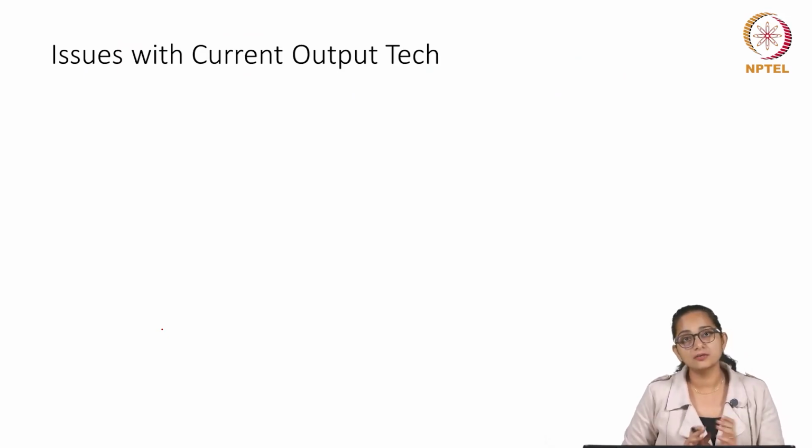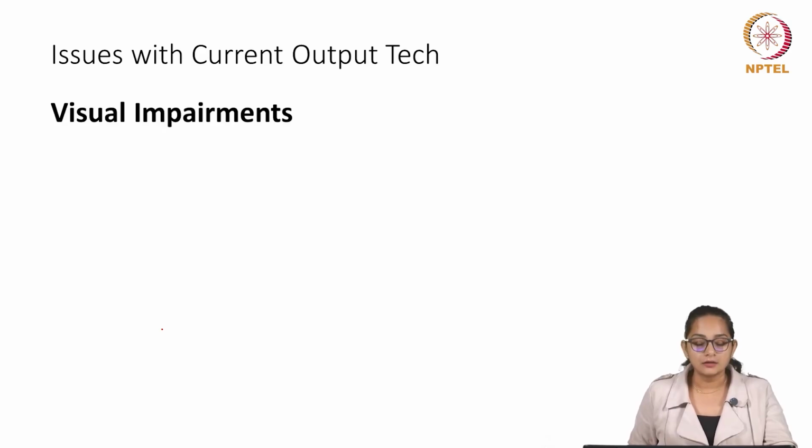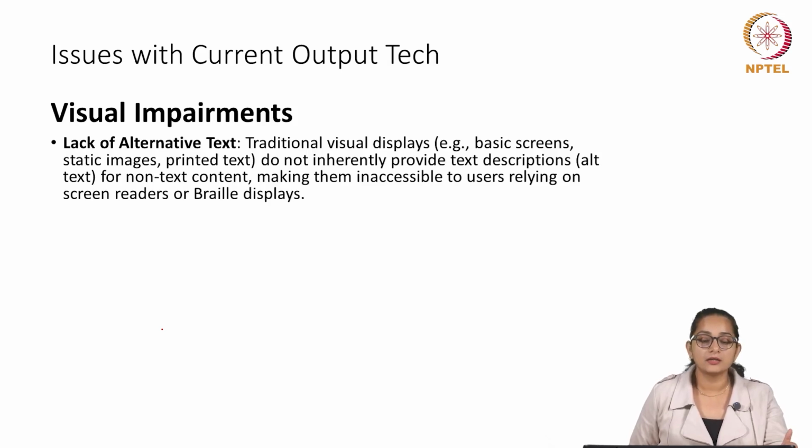So let us talk a little bit more about what are the issues with the state of the art currently known output tech from different perspectives. So from a visual impairment perspective, there can be lack of alternative text or alt text, which kind of makes it unavailable for even screen reader users to understand what the image is about.